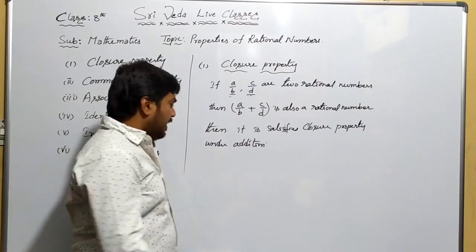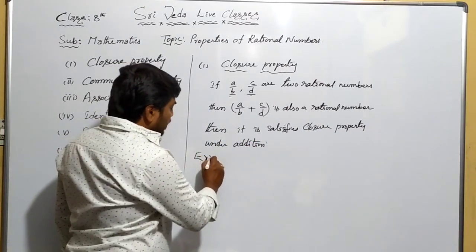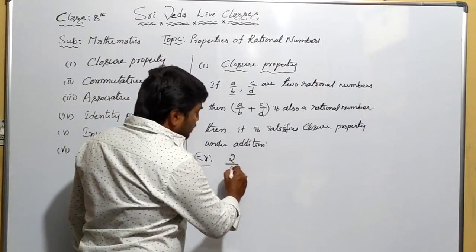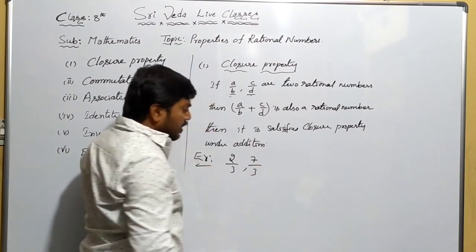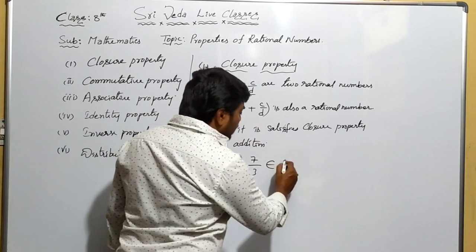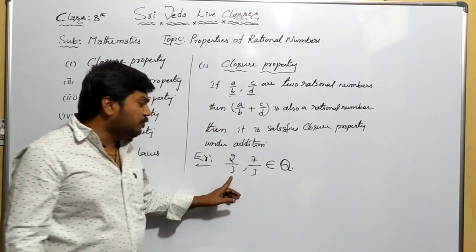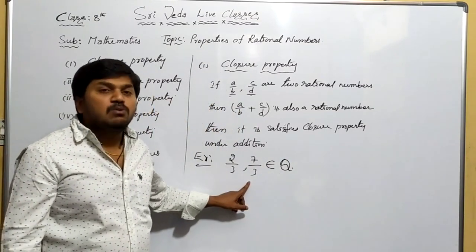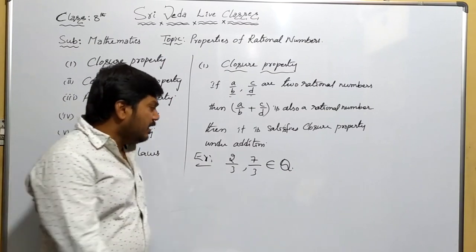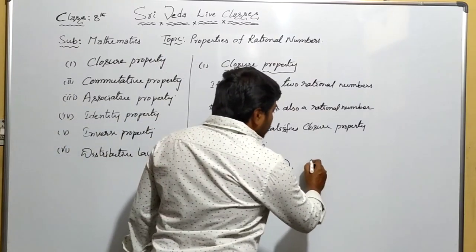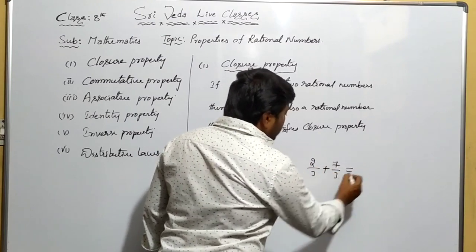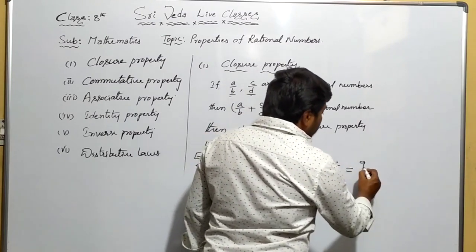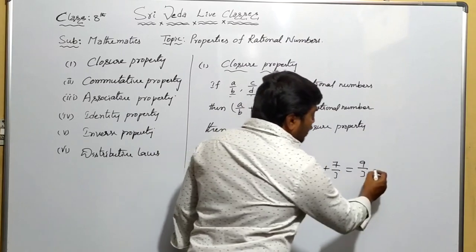Okay, how can we do that? Example, we will take 2 by 3 comma 7 by 3. They belong to the rational numbers. 2 by 3 and 7 by 3 are two rational numbers. Their sum, 2 by 3 plus 7 by 3 equals 9 by 3. It is also a rational number.